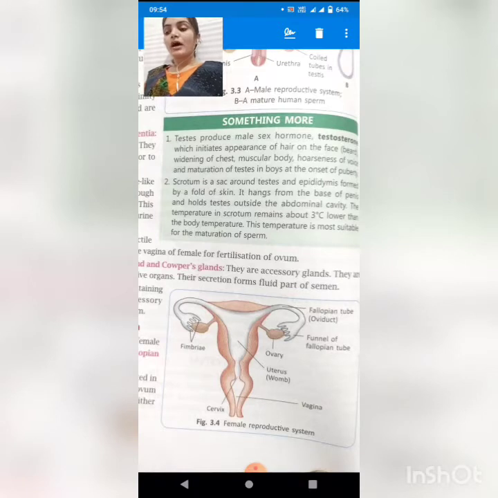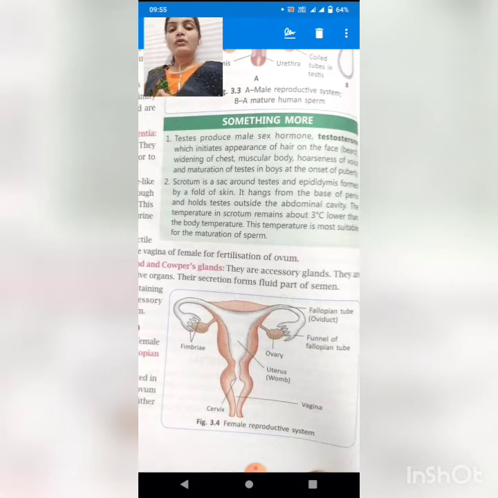Okay. After that you can see the uterus. Now the uterus is that part, student, which is responsible for the development of the embryo or zygote. Once the male and female gametes get fertilized, they form a zygote, and after division the zygote forms an embryo. So the development of the zygote and embryo takes place in the uterus, which is also known as the womb.